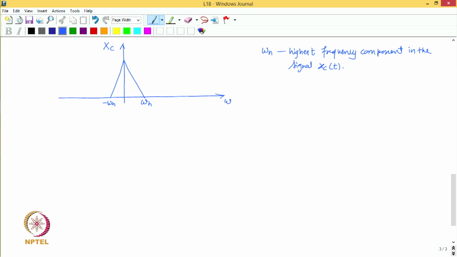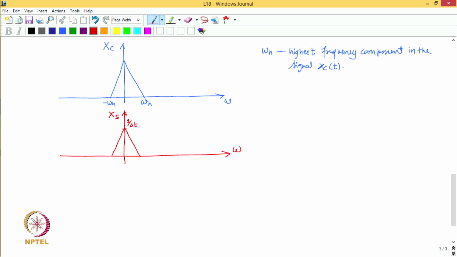And now what is X_s(omega)? That would be this. Here we are showing X_s, the frequency domain representation of the sampled signal. This is going to be a sum of X_c(omega), so this is 1 upon delta t, and this is the first term, X_c(omega).